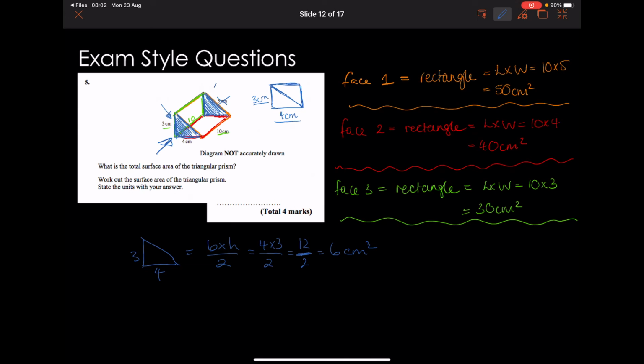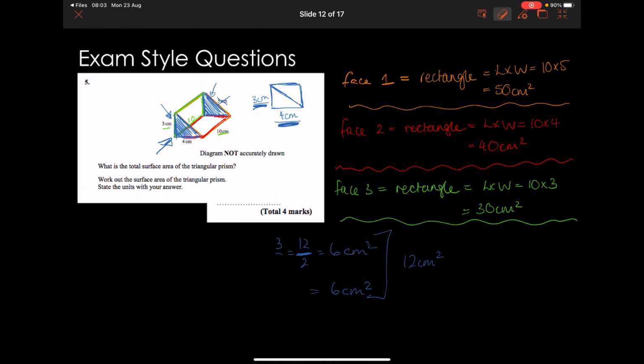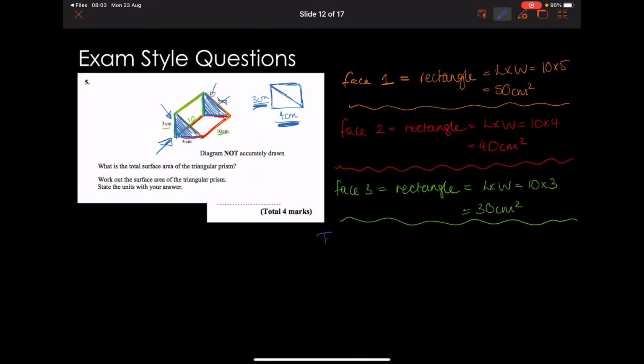But then I've got another triangle, so I'd end up with another 6 centimeters squared. Altogether, it makes 12 centimeters squared, doesn't it? So I can just do 3 times 4 and not halve it, giving me 12 centimeters squared. Now I'm going to write here, triangles equal 12 centimeters squared.